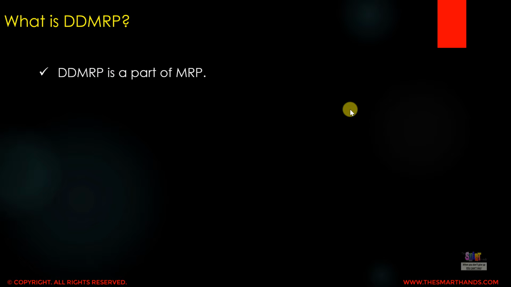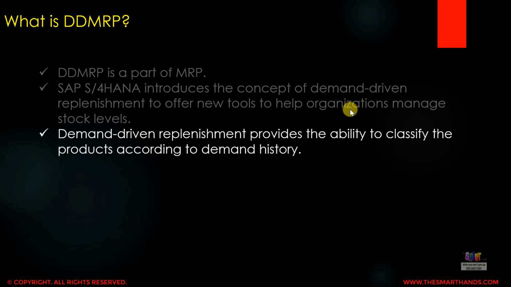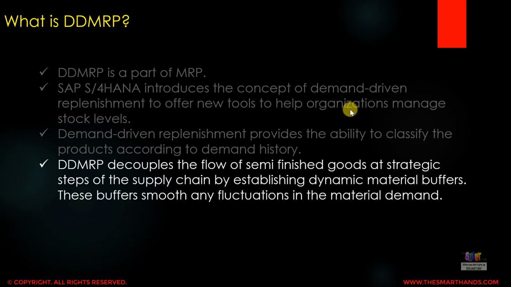Now let us first understand the more theoretical side. DDMRP is a part of MRP. SAP S4 HANA introduces the concept of demand-driven replenishment, or DDMRP, to offer new tools to help organizations manage their stock levels at the optimal level. Demand-driven replenishment provides the ability to classify products according to demand history.